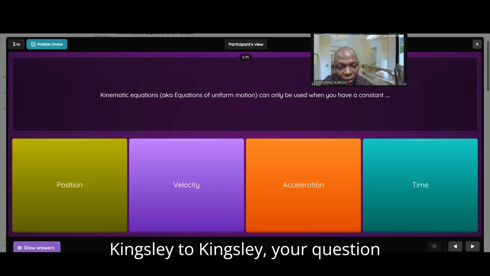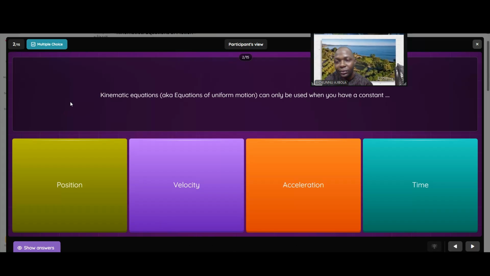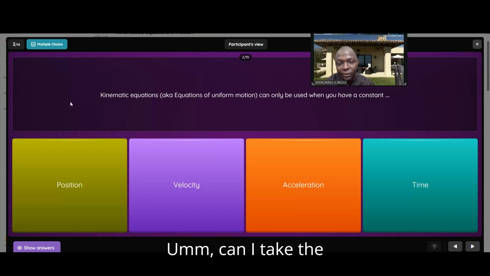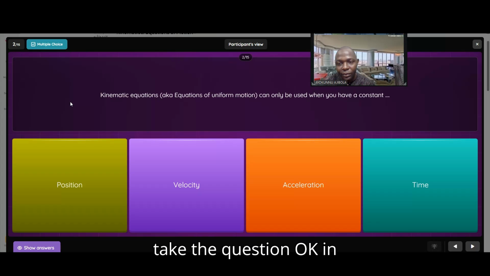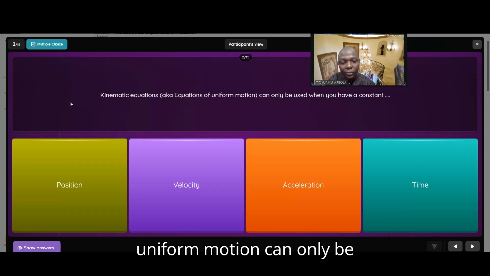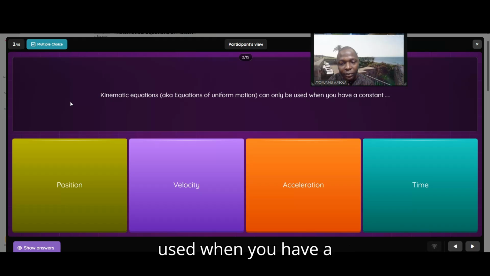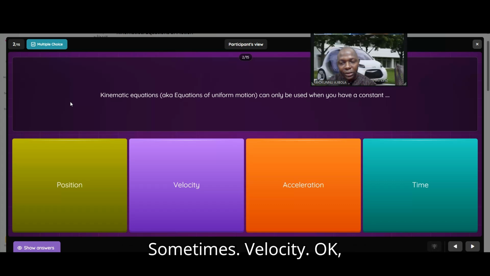Kingsley, your question is next. Read it. Kinematic equations, also known as equations of uniform motion, can only be used when you have a constant... velocity.